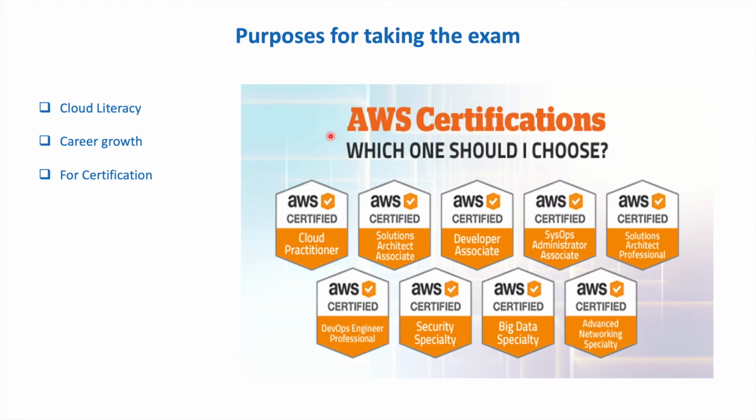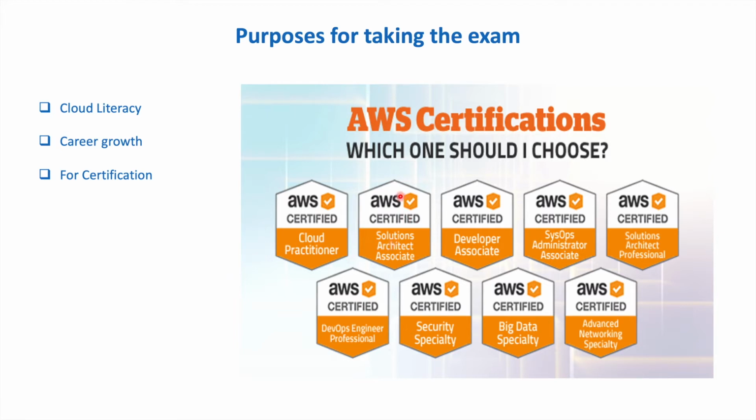Next is certification. Nowadays, cloud certification works as a gateway to work for AWS. AWS has many certifications. The first certification is AWS Cloud Practitioner. It is very basic level.